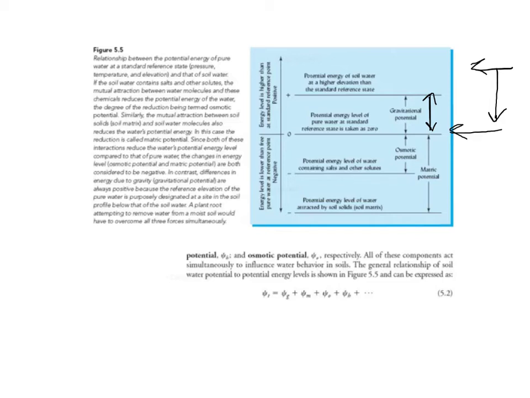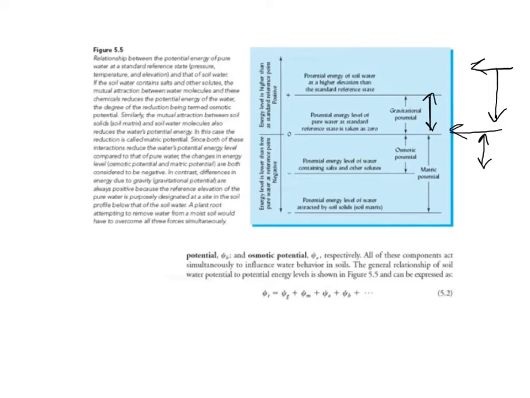Then we have other factors as well that cause water to be held in the soil in a tighter way than what we think about for the reference state. And so we have the example here of what we call osmotic potential. If there's salts in the soil, what we'll have is water that doesn't move as easily out of the soil, or moves in a direction that's towards that salt water.